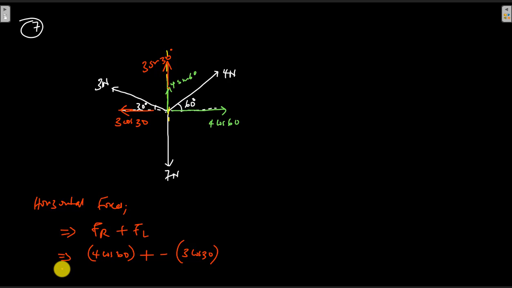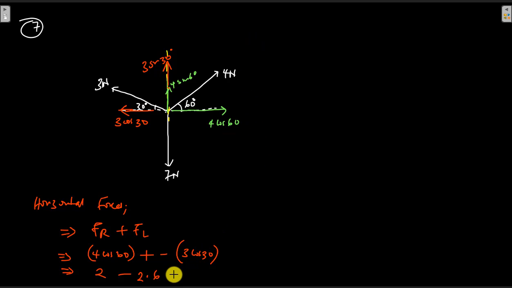So let's just add this together and see what we have. 4 cos 60. Cos 60 is half, so this is 2. And then minus 3 cos 30. 3 cos 30 is 2.59, so I'll just approximate that to be 2.6.